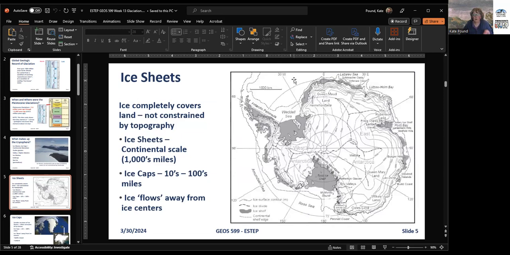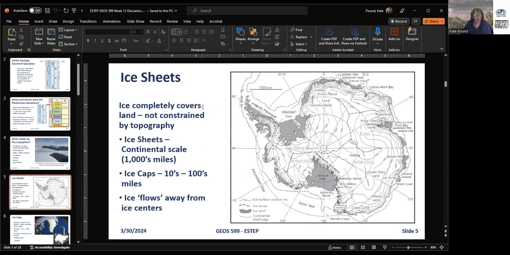Now, if you do geography with your students, Antarctica is really confusing because of the cardinal directions and the naming of what is East Antarctica versus West Antarctica. So I'm not going to dwell on that. Let's focus in on just ice sheets.